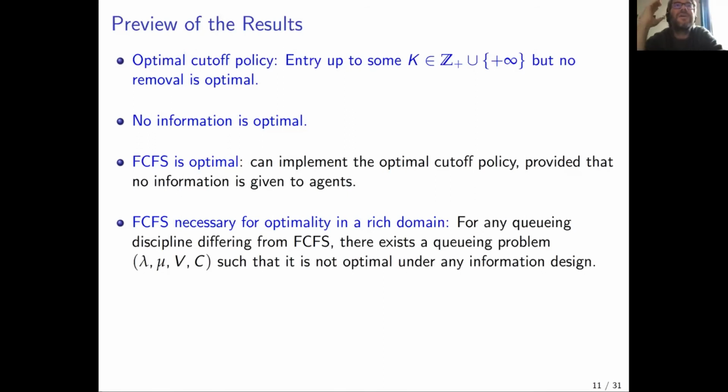I can imagine many reasons why providing some information is actually valuable. But if you don't release all information, then you run into issues which have to do with how beliefs of agents evolve over time, and then first come, first served becomes critical to discipline the evolution of beliefs. Again, this is a bit soon, but I hope this is going to be clear by the end of the talk.